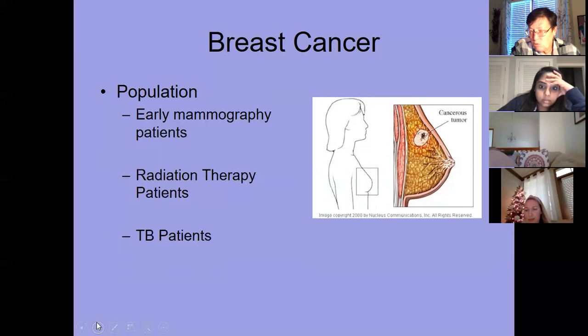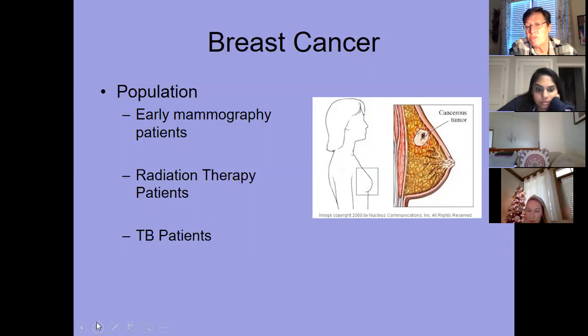Radiation therapy patients where breast tissue is in the field of view also have developed breast cancer. TB patients, for many years earlier in the 20th century, they gave tuberculosis patients chest x-rays all the time. So those patients had a 10-to-1 relative risk of breast cancer because they got so many chest x-rays.